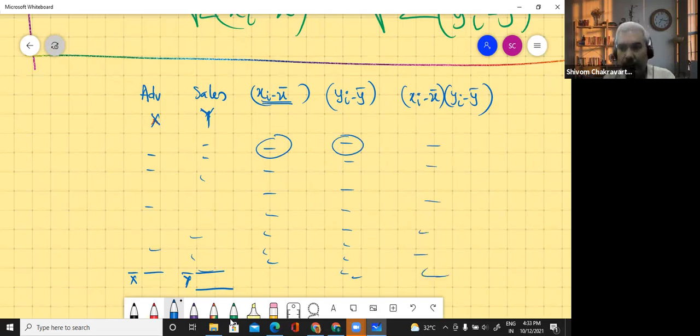And two more columns will be beneficial, that is the squares of these: xi minus x bar whole square, and yi minus y bar whole square. These are different columns.